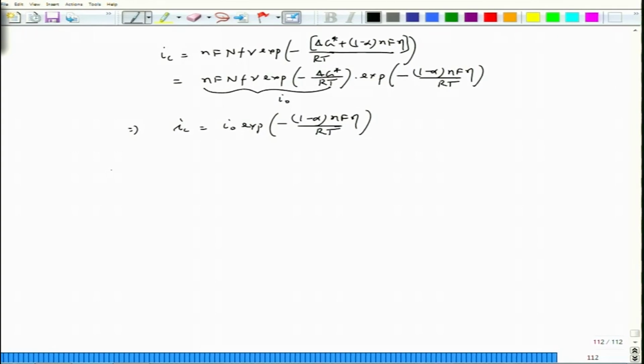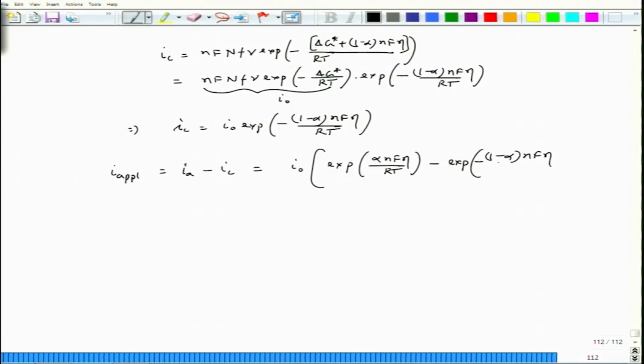So, I applied equals IA minus IC, equal to I0 exponential alpha nF eta by RT minus exponential (1 minus alpha) nF eta by RT.